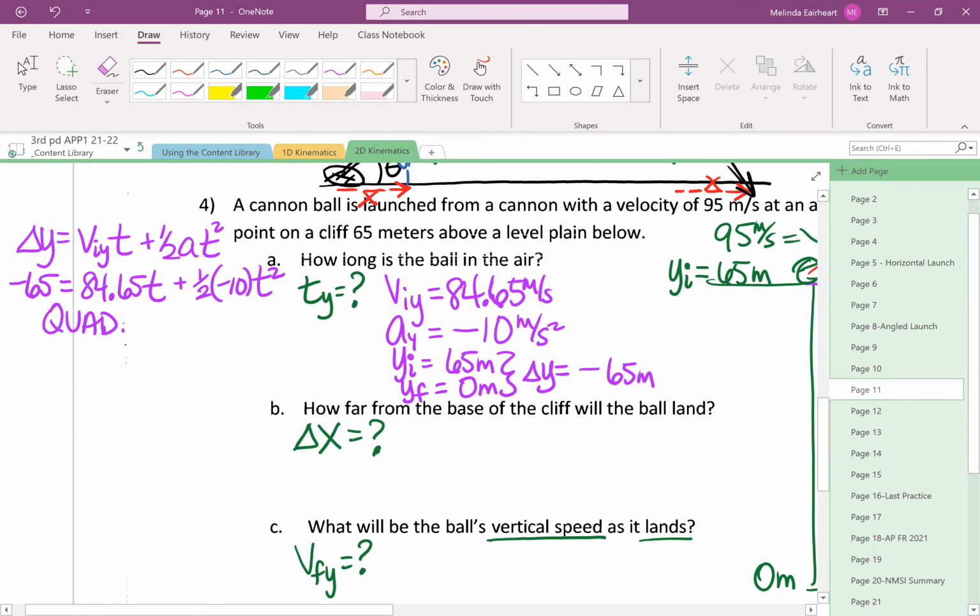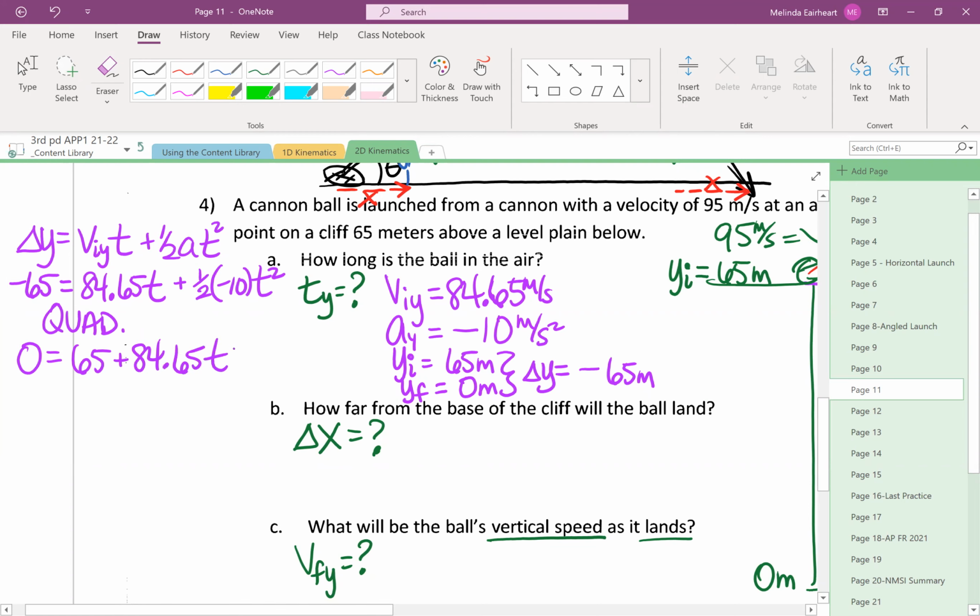Okay, now there's mixed emotions maybe about quadratic. Maybe you learned a song, maybe you know how to do it in the calculator. I personally never was taught a song, and I've gone 20 plus years in physics without knowing the quadratic equation. So how in the world are we going to do this? By the way, if you love quadratic, ABC, you've got to make it equal 0. So I'll identify the pieces.